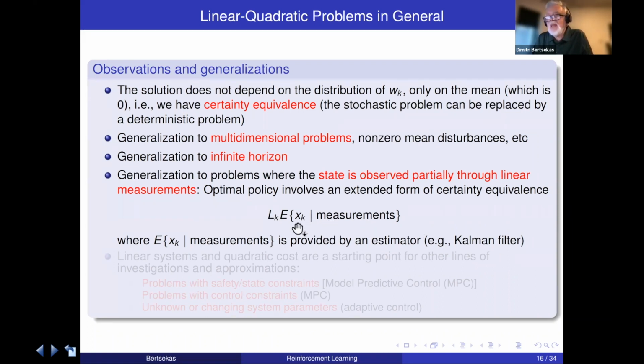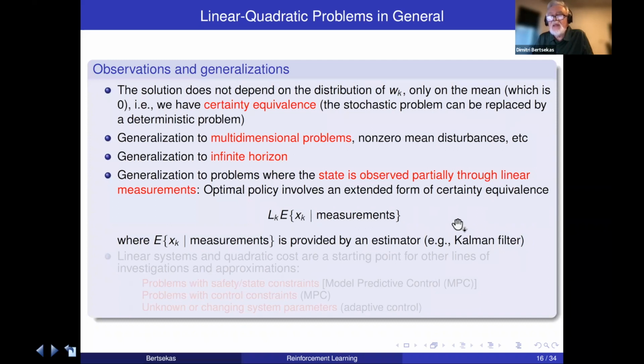When we observe the state exactly, this is equal to xk. Now, in this context of partial state observation, we don't observe the state, but we can compute the expected value of the state given the measurements through some kind of an estimation procedure. Kalman filters are used in this context. We're not going to discuss them, but it's one well-known estimator to calculate this expected value here.